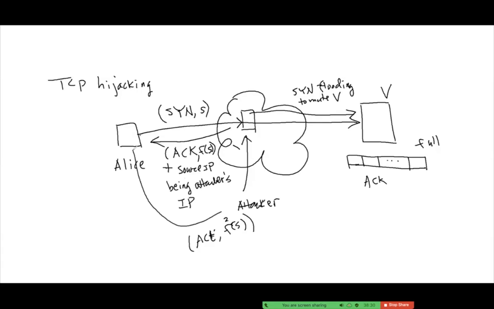And then Alice now, as long as this f of x is correct, as long as fs is what Alice expects, then it will go through.